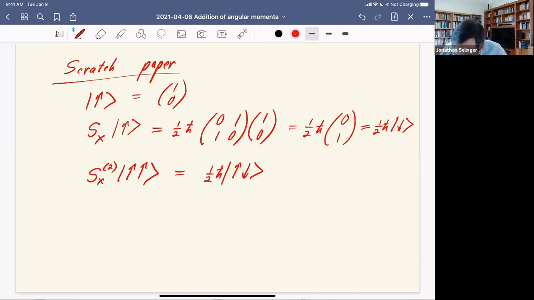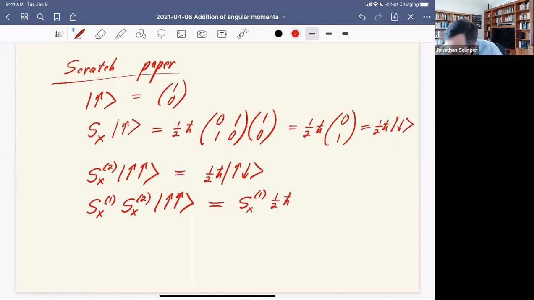Now what if we have Sx1, Sx2 acting on up, up? This is equal to Sx1 acting on 1/2 h bar times up, down. The 1/2 h bar is just a constant, so we factor it out.